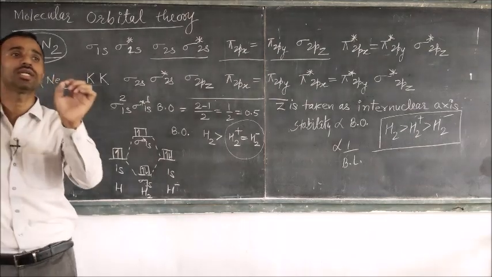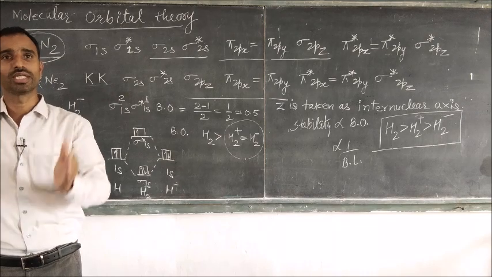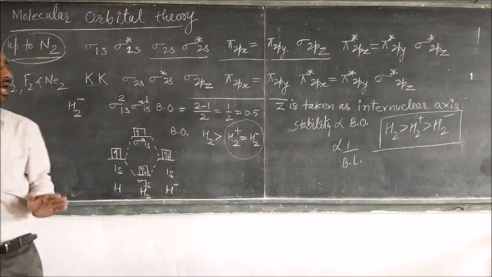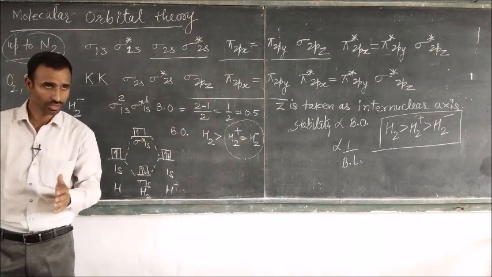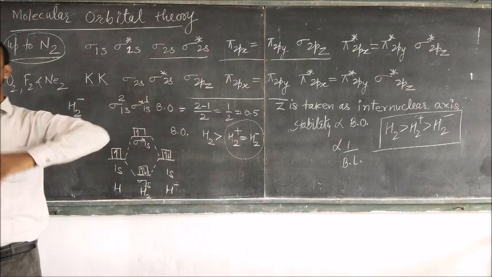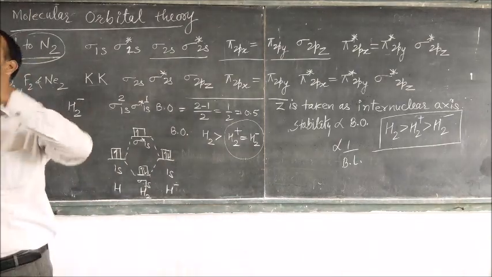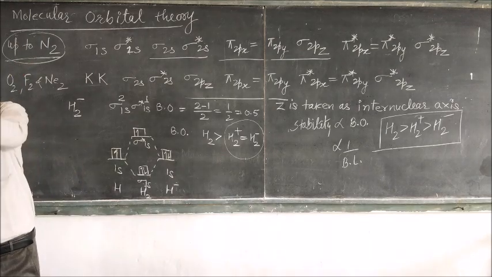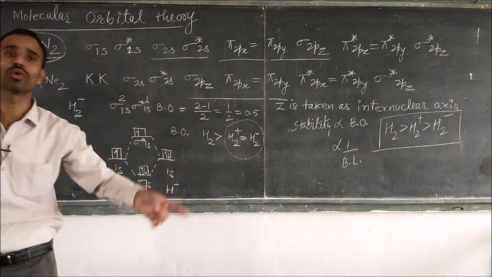But what I said, bonding is less bonding. That means the decrease in stability is less. But anti-bonding is more anti-bonding. That means when we add an electron in anti-bonding, its stability decreases more than when we remove an electron from bonding.